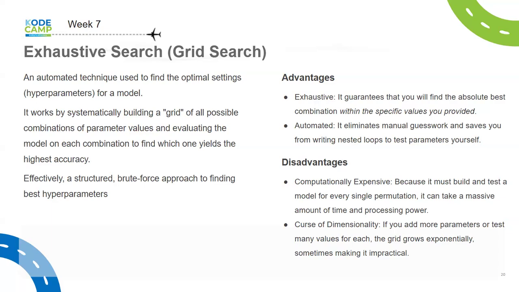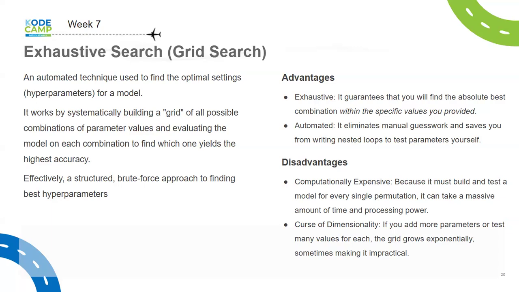exhaustive search or grid search. Grid search is a technique that you use to find the optimal settings for a model, right? So grid search is where you systematically build a grid of all possible combinations of parameter values, or hyperparameter values rather, not parameter values, because you cannot really do anything with parameter values.